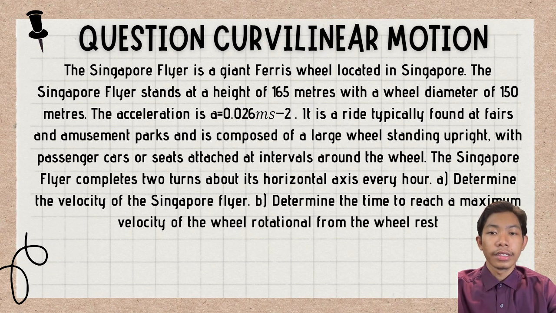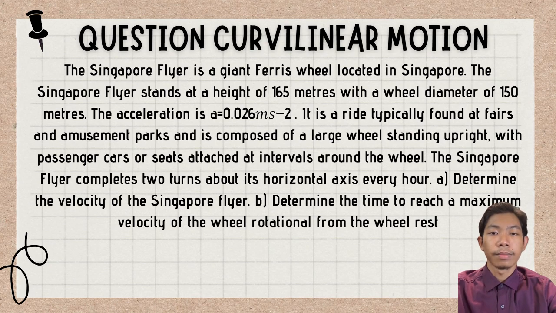They are given the Singapore Flyer completes 2 turns about its horizontal axis every hour. So 1 hour times 3600 to get the time in seconds, then over 2 to get one complete rotation. The time is 1800 seconds.